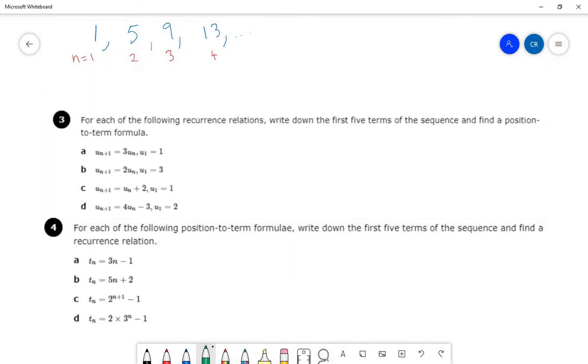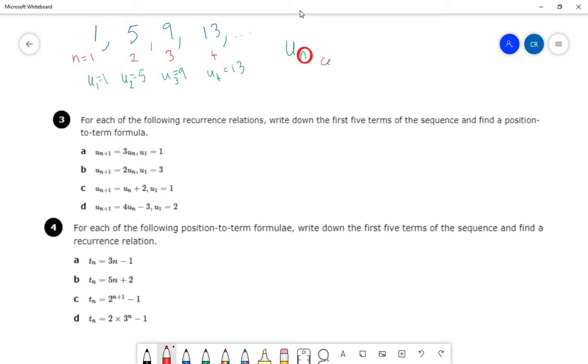And then finally our terms: our first term is equal to 1, our second term is equal to 5, our third term is equal to 9, and our fourth term is equal to 13.